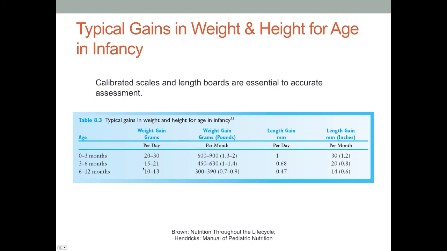Whereas the 3 to 6 month old has a slightly slower rate of weight gain, just 15 to 21, and a 6 to 10 month old about 10 to 13 grams. But especially if you see a child who falls outside of this growth velocity and they've been moving down on the growth chart, that suggests an abnormal pattern of growth.